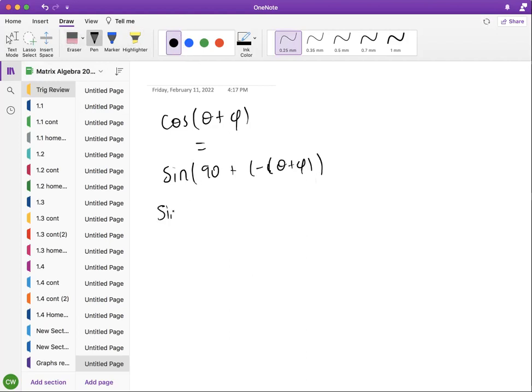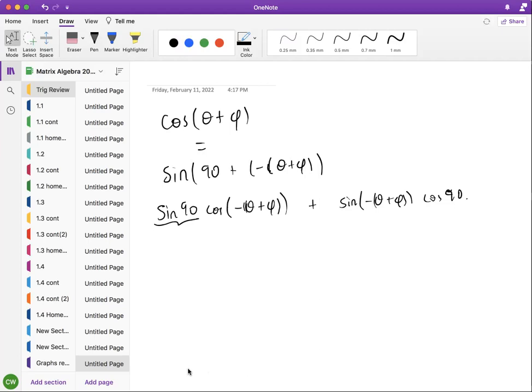So we have sine of 90 cosine of negative theta plus phi, plus sine of negative theta plus phi cosine of 90. Now, those who are here, can you tell me what sine of 90 is, if you remember? It's like we dropped down to 3 people, but if you don't want to participate, that's fine.